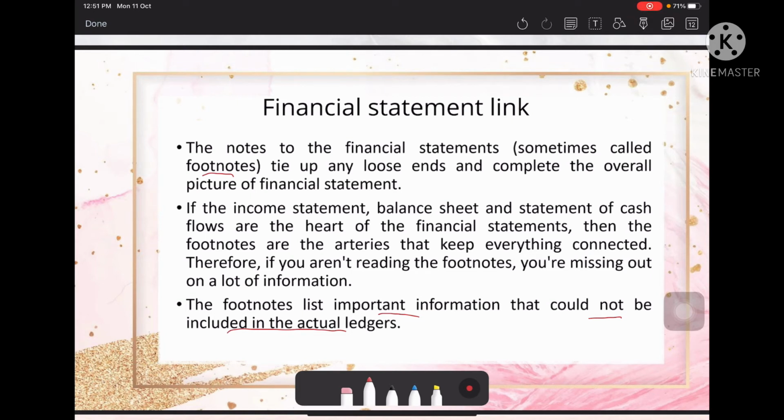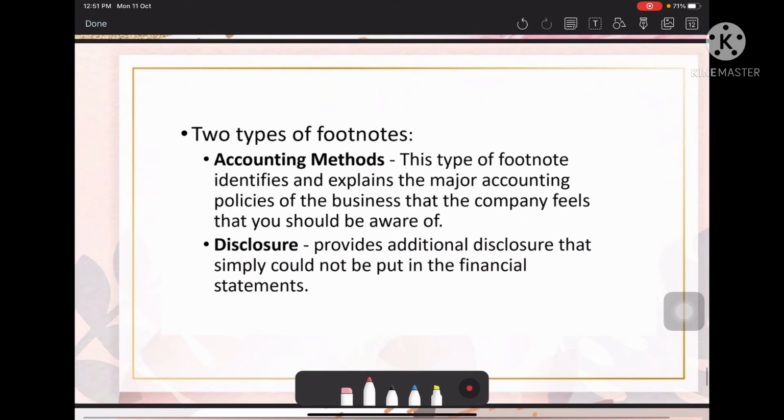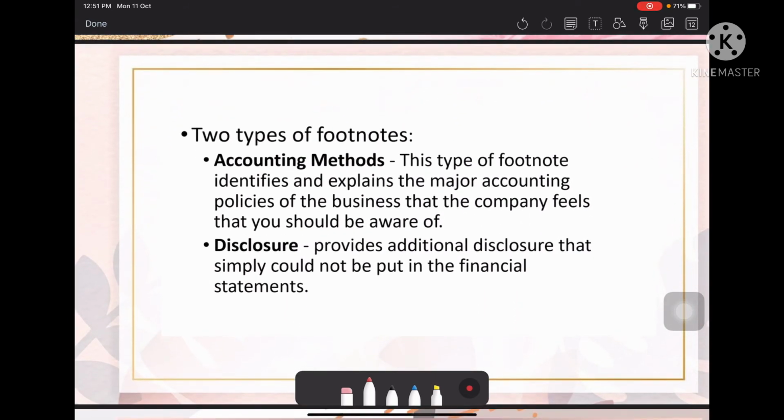Tapi maksudnya to know further ataupun to elaborate further the figure in the financial statement tu, so we can read the footnotes. Alright. Okay, so here two types of footnotes. So accounting method. So sometimes the company mention about the accounting method, like what is the inventory method, the depreciation method, okay, like I mentioned just now.